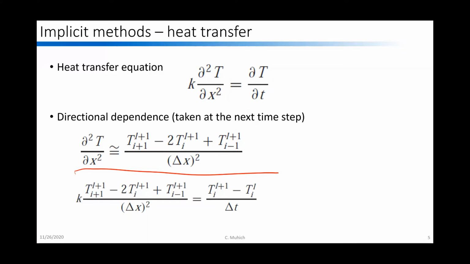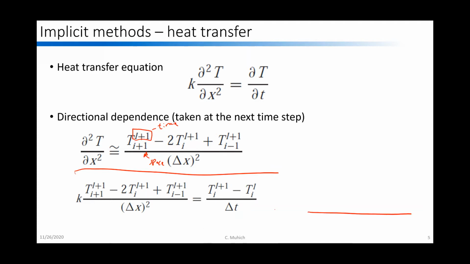But notice now I'm using the time step that I'm solving for. Remember, of course, that this is time, and this represents space. So if I'm interested in solving for the next time step, I'm at time L plus 1. And I'm going to take that finite difference over space on that next time step.